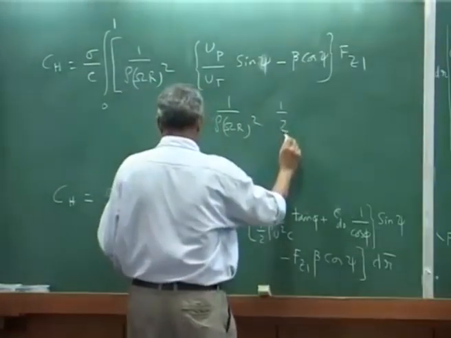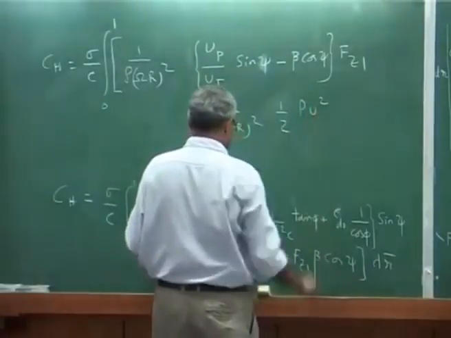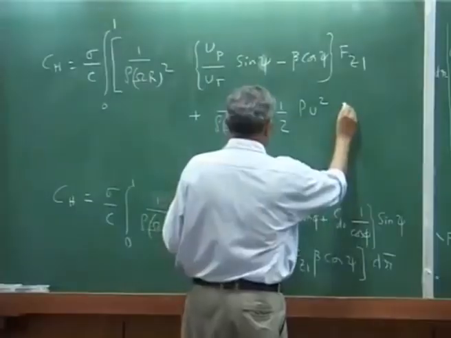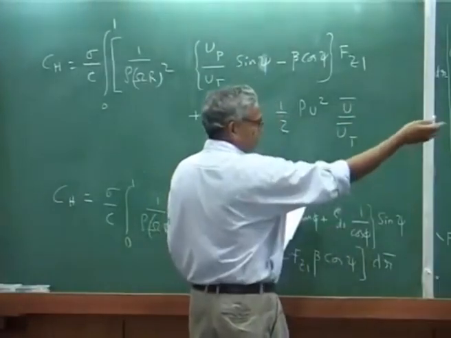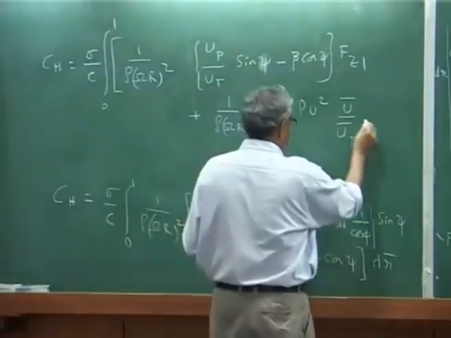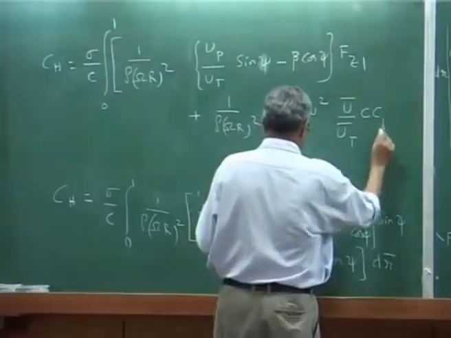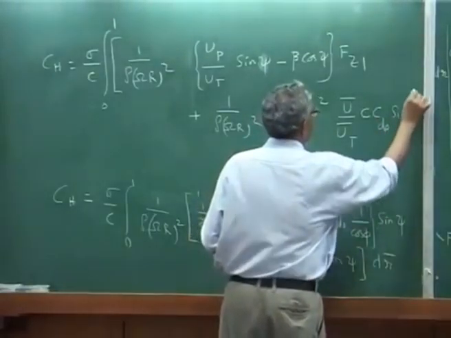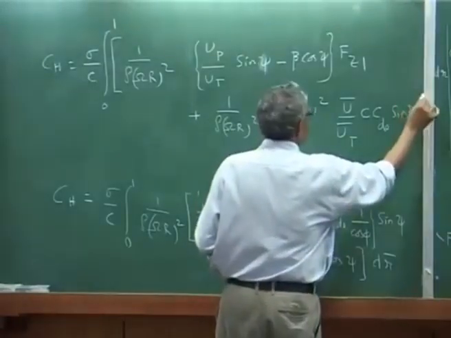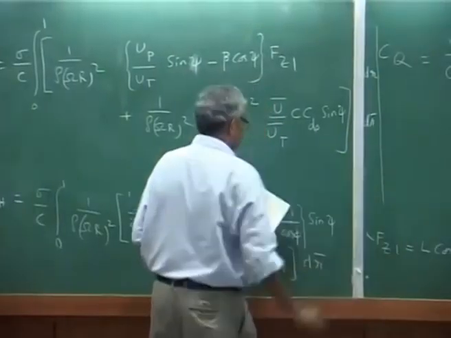Half rho U squared, you will have U bar by U_T bar, this is cosine phi, and then there is C_D0 and sin psi, and this entire thing is bracketed, dr bar.